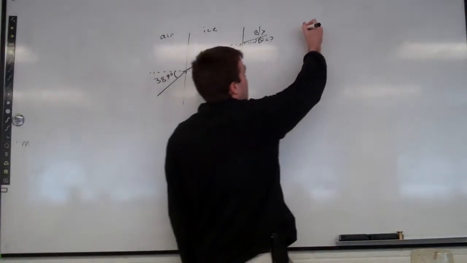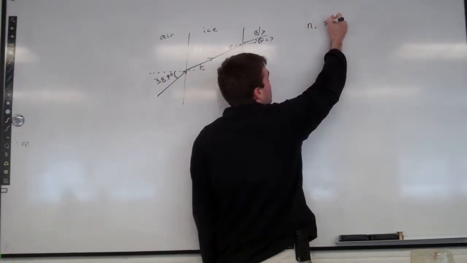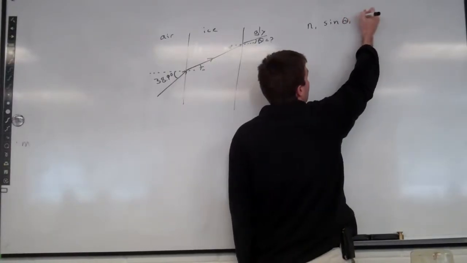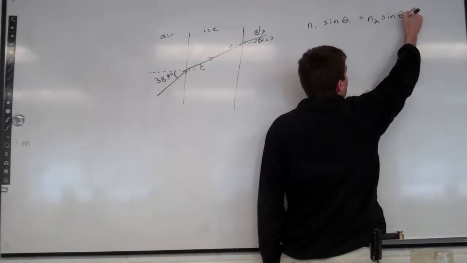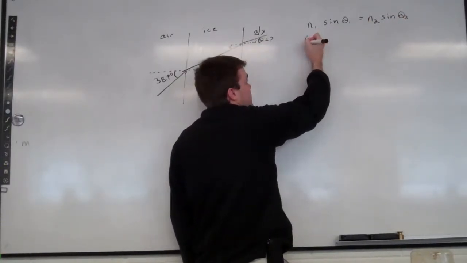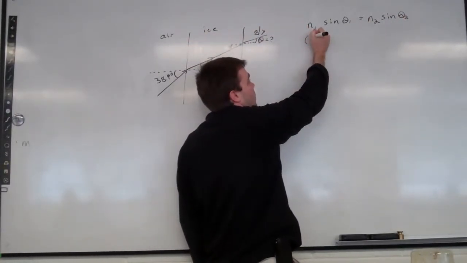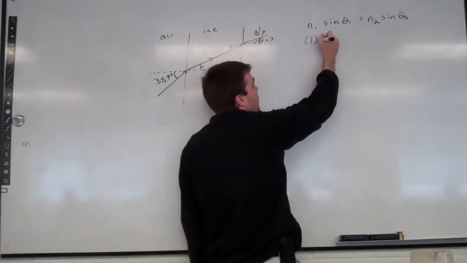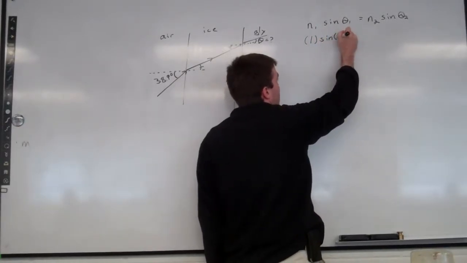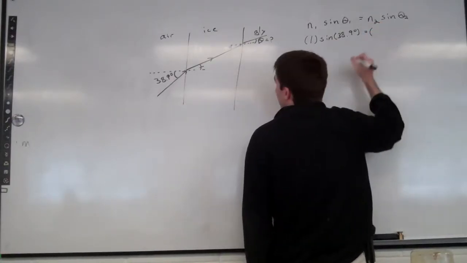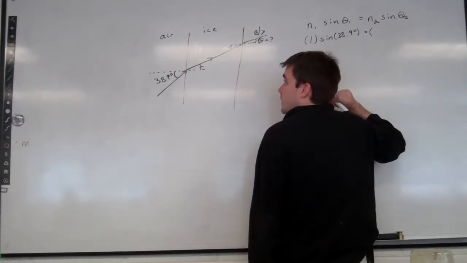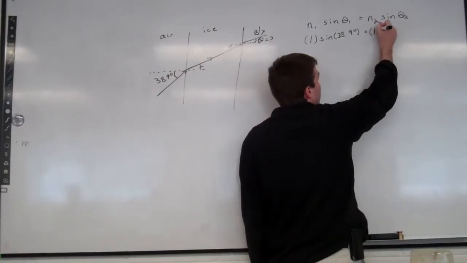So first we do n1 sine theta 1 equals n2 sine theta 2. What's n1 for this first part? 1. And I'm going to do sine of 38.9 degrees. What's n2? 1.309.